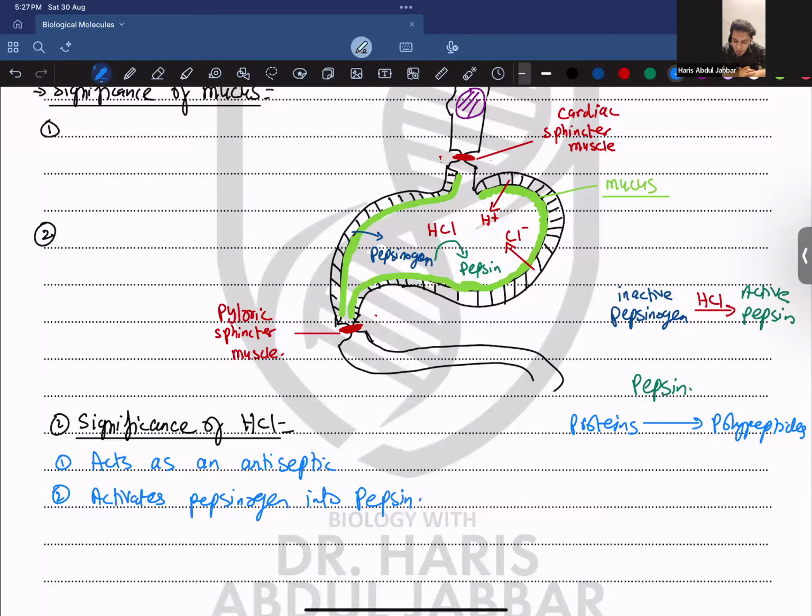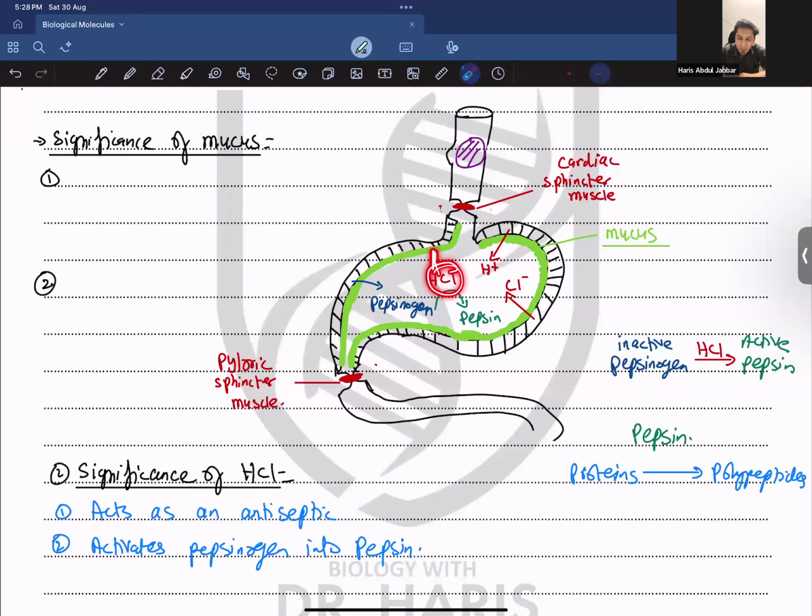अच्छा. अब बात ये है, now coming back here. दो चीजें. सबसे पहली चीज, do I want the HCl, which is corrosive, it's an acid, to come in contact with the walls of the stomach? No, I don't. Right? To prevent the HCl from coming in contact with the walls of the stomach, the mucus is there.